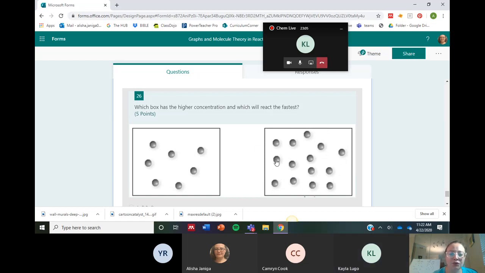And since there's more particles in this box, you're going to get a faster reaction, because think about if you have a lot of people in a room, more of them are going to run into each other. Versus if you have a little bit of people in a room, there's not going to be as many collisions. If you don't have as many collisions, you're not going to see as many reactions. So a higher concentration is going to react the fastest. So this right box would be true for both.